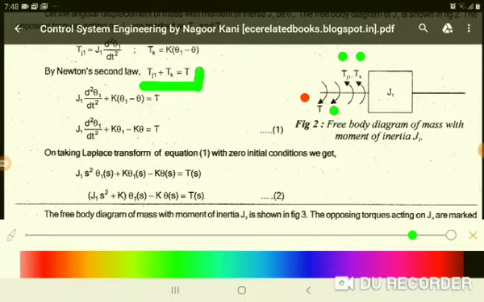Then according to Newton's law, the applied torque T equals the opposing torque at J1, J1 d square theta 1 by dt square, plus K, a spring connected between two angular displacements. Referring to J1, it is the difference theta 1 minus theta.